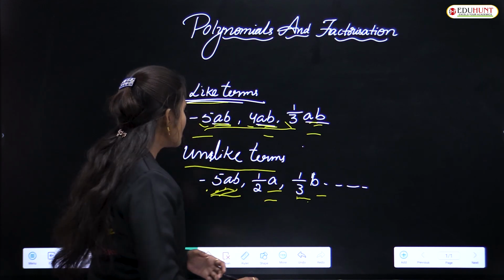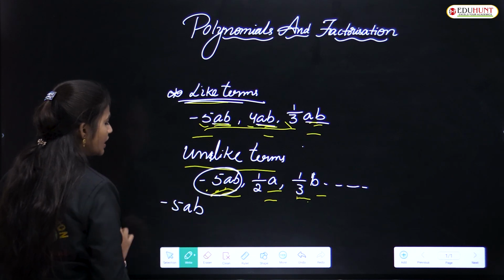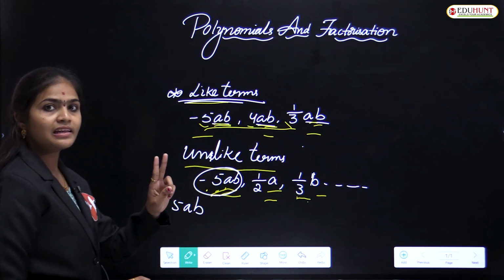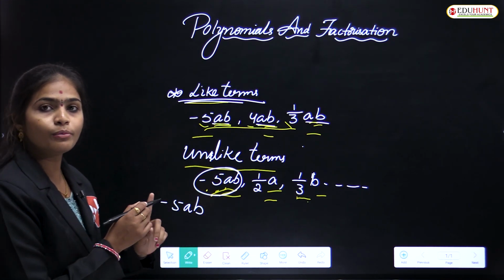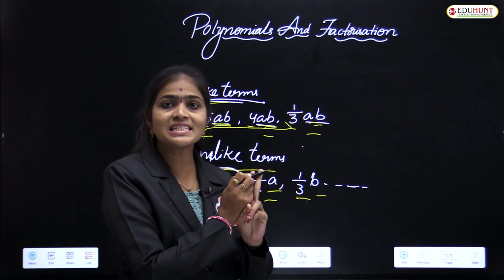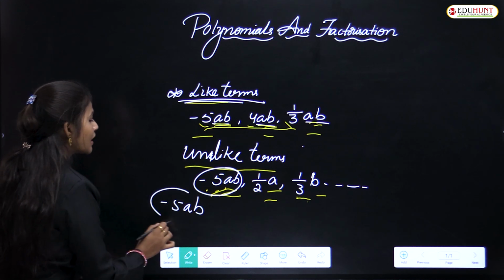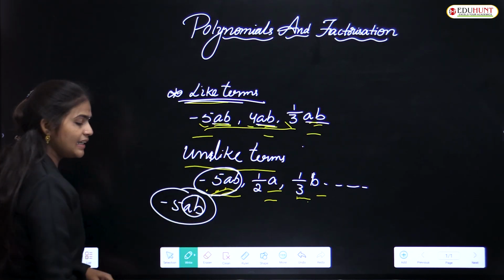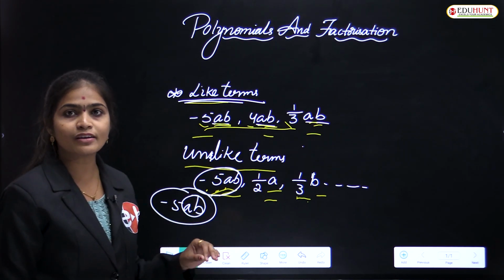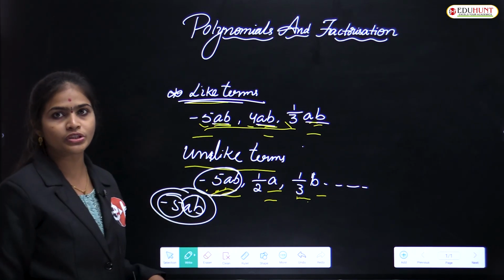So here we can talk about coefficients. Take minus 5ab that I wrote here. We can say there are two types of coefficients, numerical coefficients and literal coefficients. Literals simply means alphabets only. So in this term, the literal coefficients are ab, and minus 5 is the numerical coefficient.